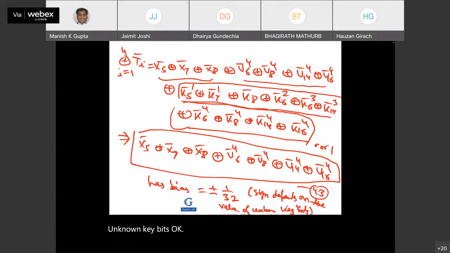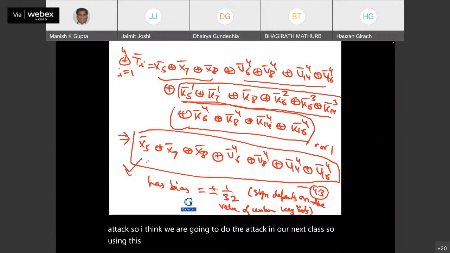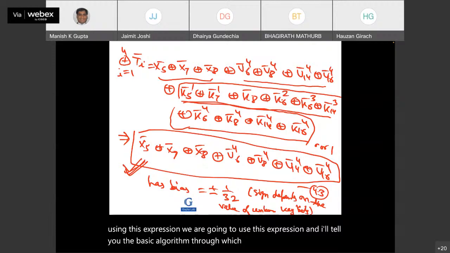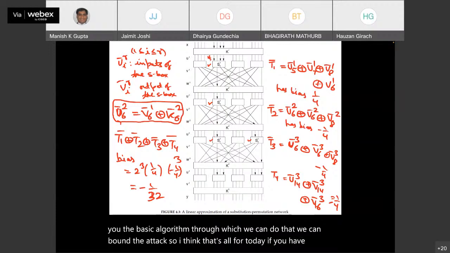So this is the expression that we are going to actually use to do the attack. I think we are going to do the attack in our next class. Using this expression, I'll tell you the basic algorithm through which we can mount the attack. Okay, so I think that's all for today. If you have any question, please do ask me.